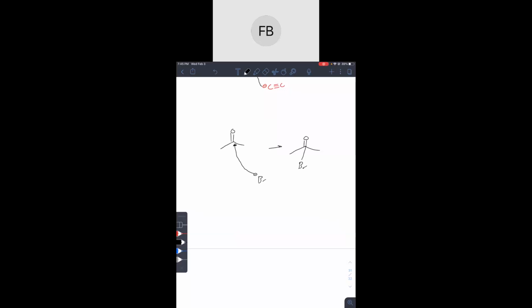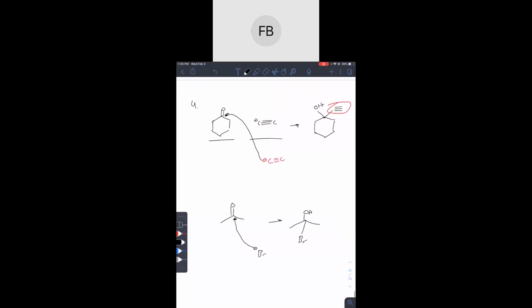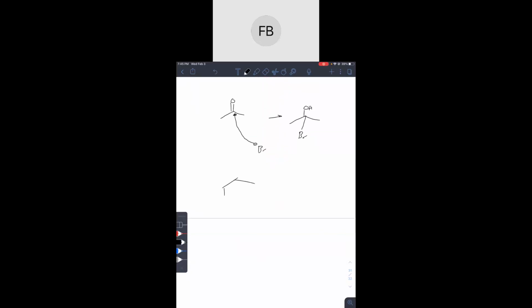Breaking the octet, exactly. So that means this is forced to let go of one of its bonds, and it becomes an OH. So that's how you can think of it, okay? When something attacks the carbon of a ketone, the ketone turns into an alcohol. Similarly here, in this new situation, where we see that it's already an alcohol, we think to ourselves, hey, that could have come from a ketone, and something attacked the carbon of the ketone, and that turned it into an alcohol.